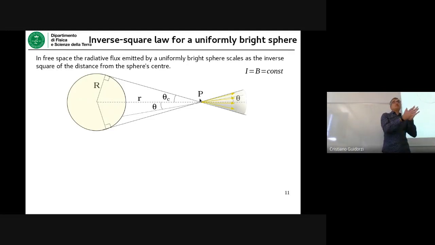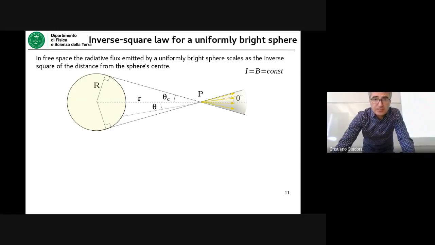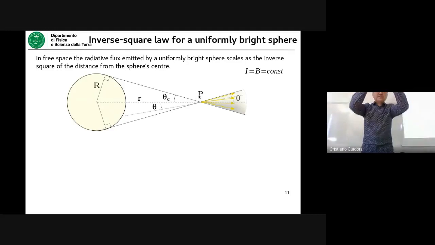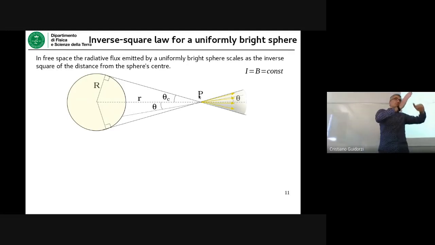So I take the surface whose normal direction is just radial. I didn't draw it here so as not to mess up this drawing, but just suppose you have a surface element perpendicular to the radial direction.